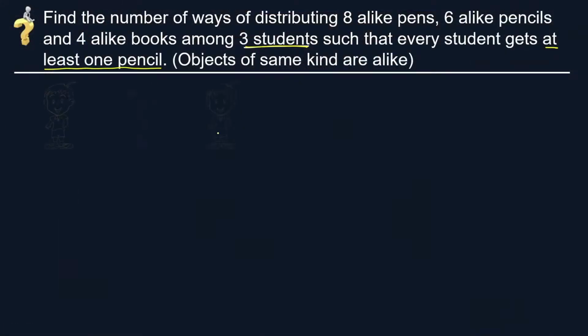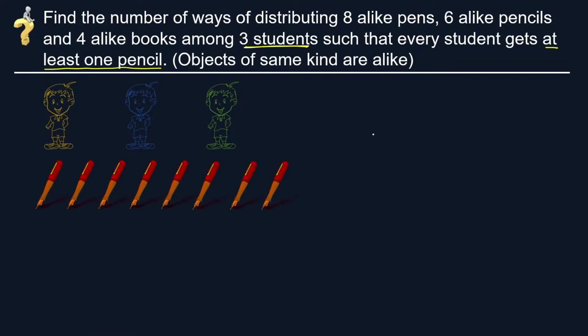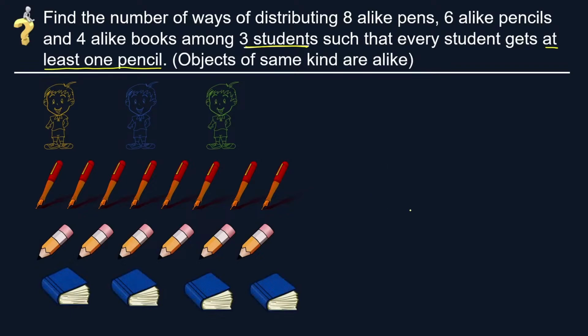There are 3 people. And now we are having 8 alike pens. We are having 6 alike pencils. And we are having 4 alike books. Look carefully. Now, for these 8 pens, number 1, they are identical.